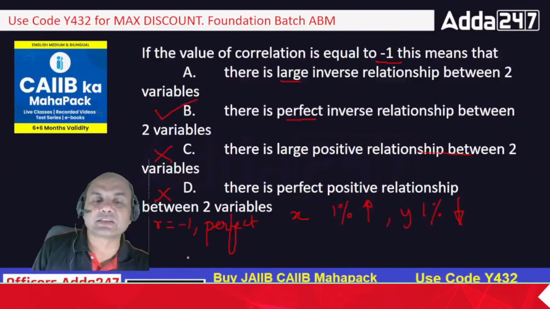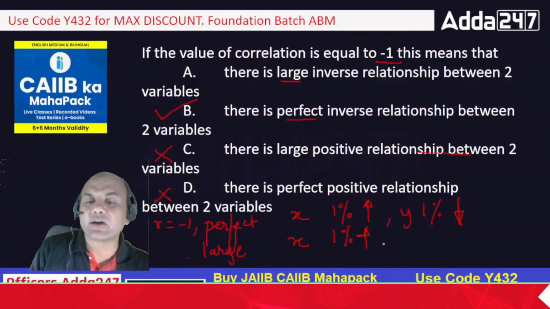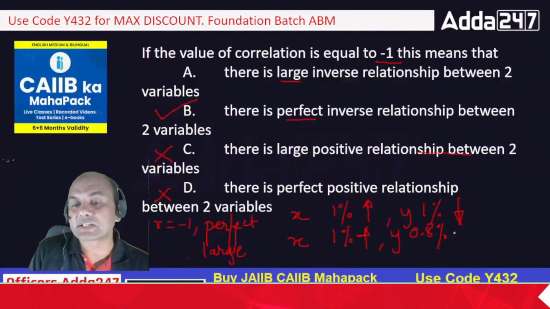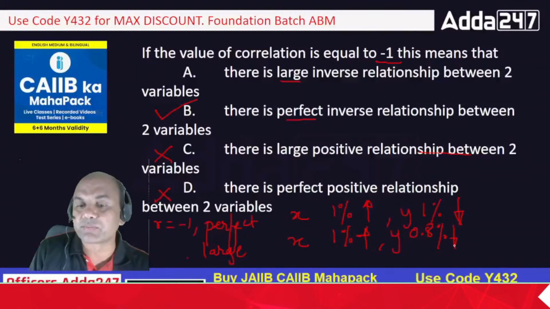Large means if x moves by, let's say, 1% above, then y will not move exactly 1%, it will be large, means say 0.8%. So 1% and 0.8, near to 1 but not exactly 1, and down only, because it's a large negative. Okay, large inverse.